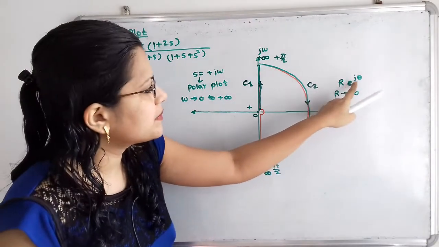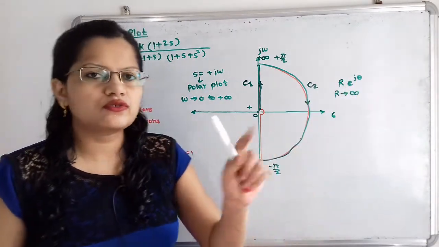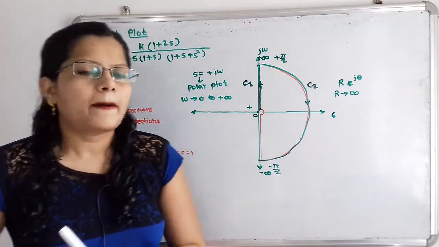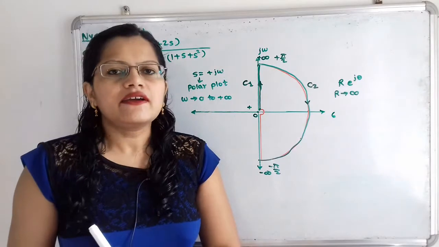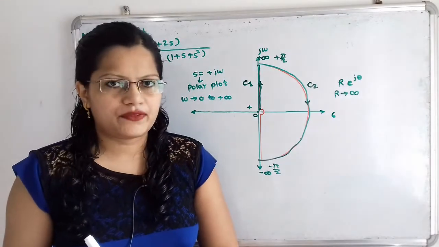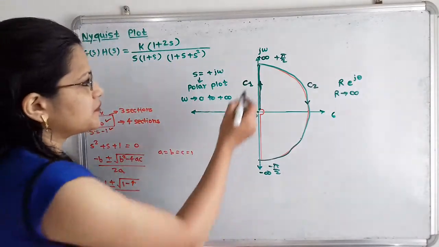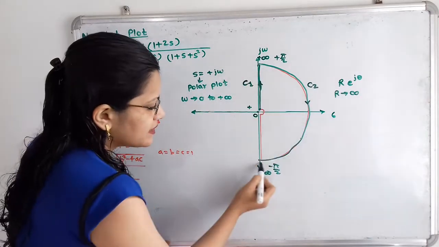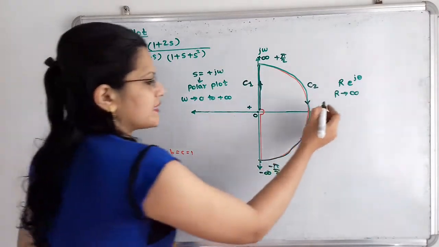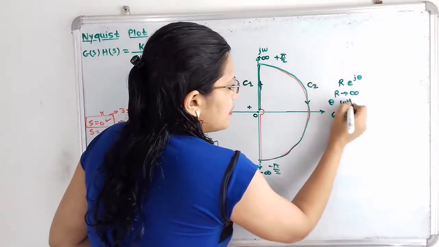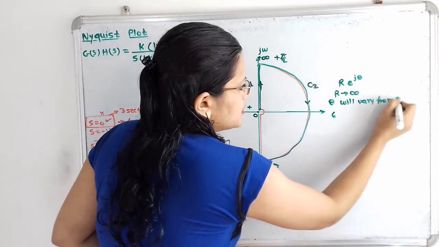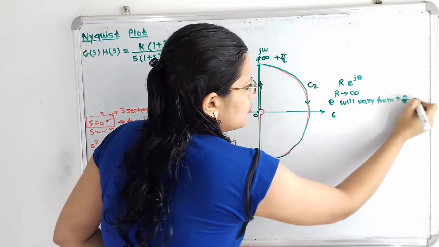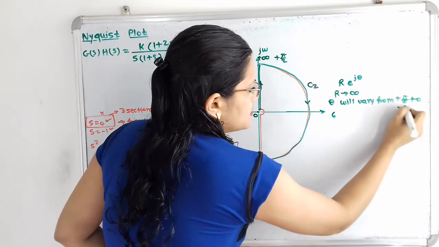Now what is the meaning of e raised to j theta? It will be used to calculate the phase angle phi. So here theta varies from plus 90 degree to minus 90 degree. That is, we can say that theta will vary from plus pi by 2 to minus pi by 2.